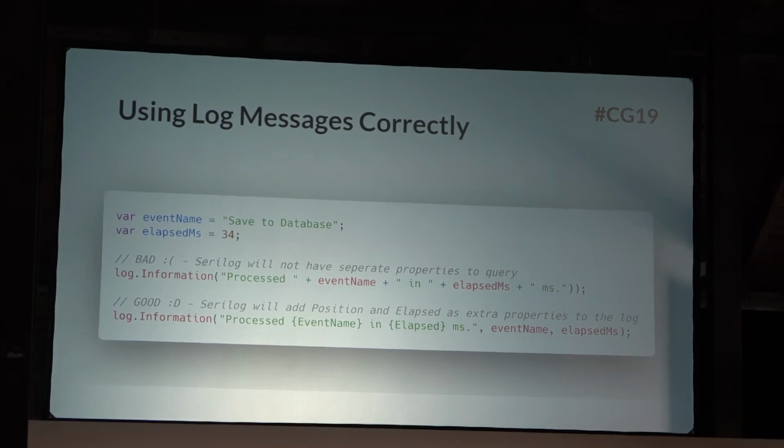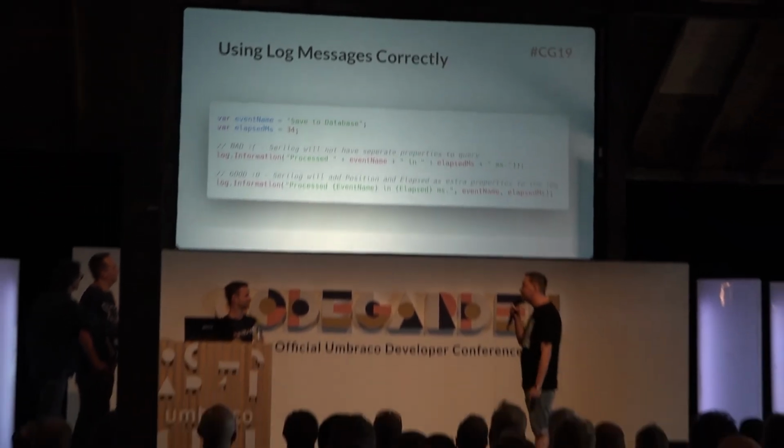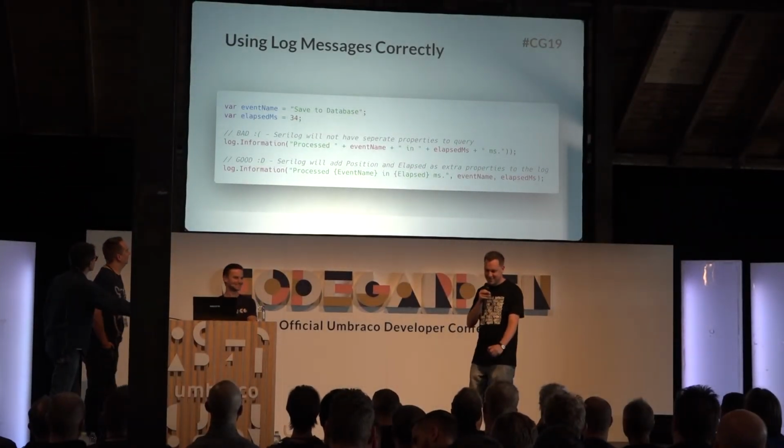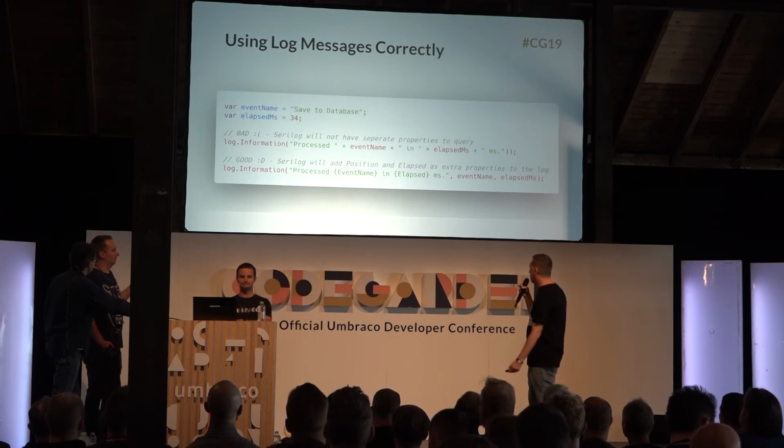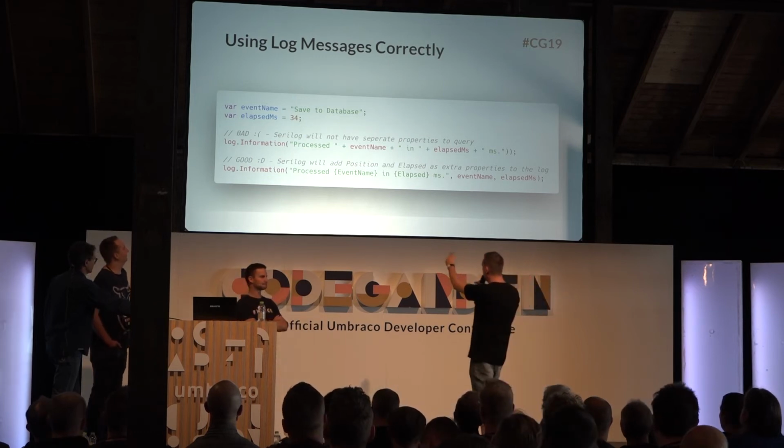So don't put a dollar sign in front of that. No, please don't. The reason why you want to do this is basically that it will sort it into specific fields for you. So event name would now become a property that I could search on, along with elapsed. So then I could find all the log items that have a property of elapsed that's greater than a minute or something. Yeah, then you have some bad code.